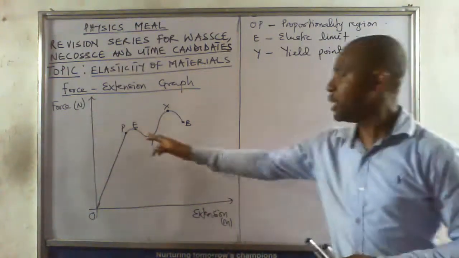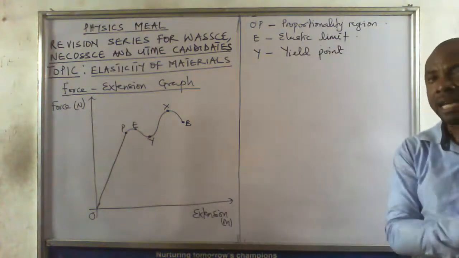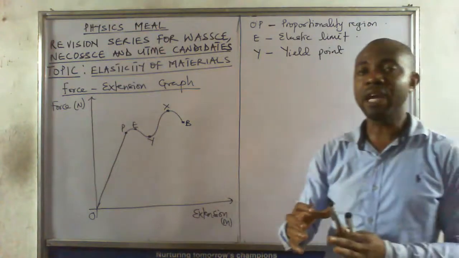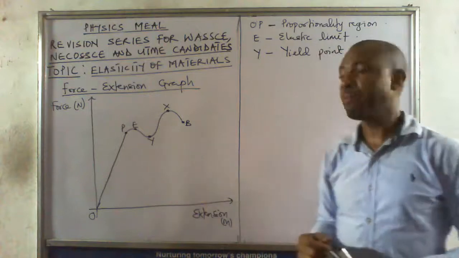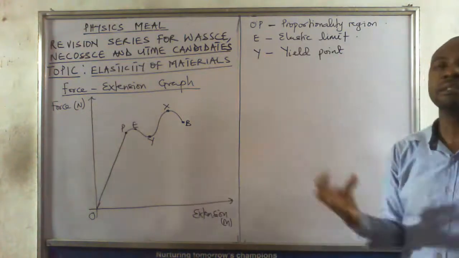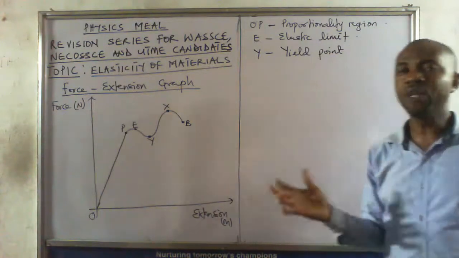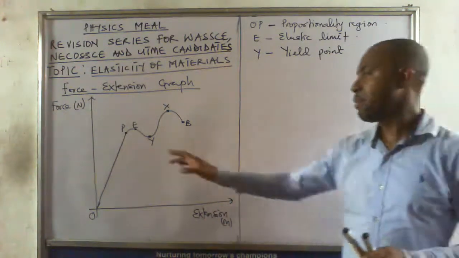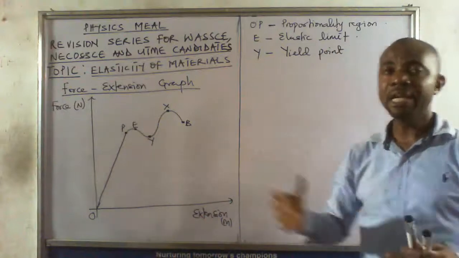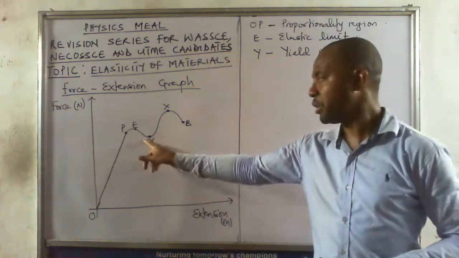In other words, within this region, the material is no longer behaving like an elastic material, rather it's behaving like a plastic material. So at the yield point, all the elastic property in that material will be given up.